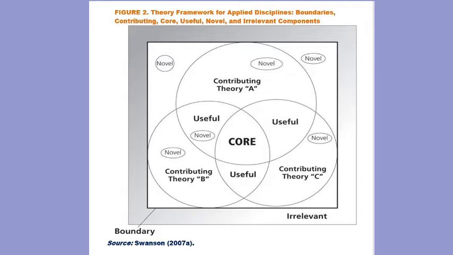So boundary and irrelevant components, and these are 2 critical components of the theory framework for applied disciplines, and these actually include the boundary of the theory component and the irrelevant theory component. And these components are particularly important when judging existing theories and their roles in applied disciplines.